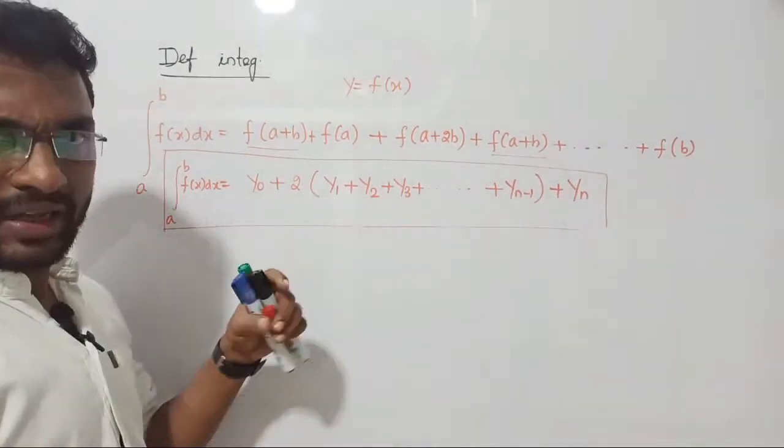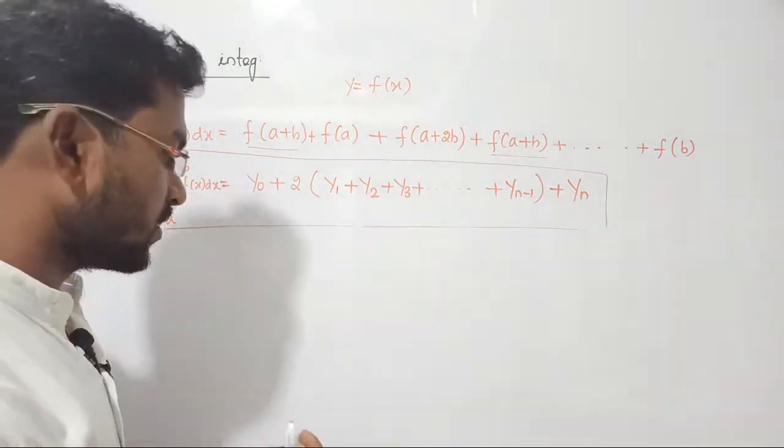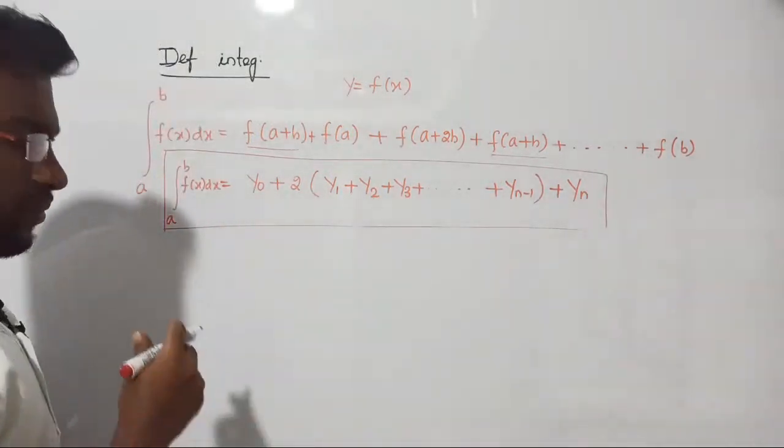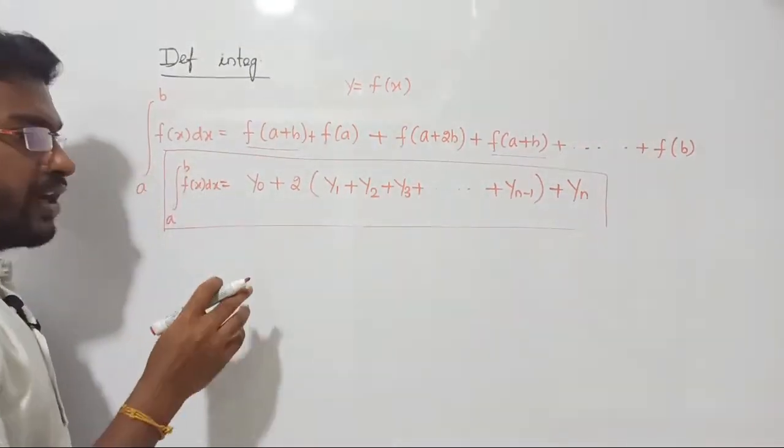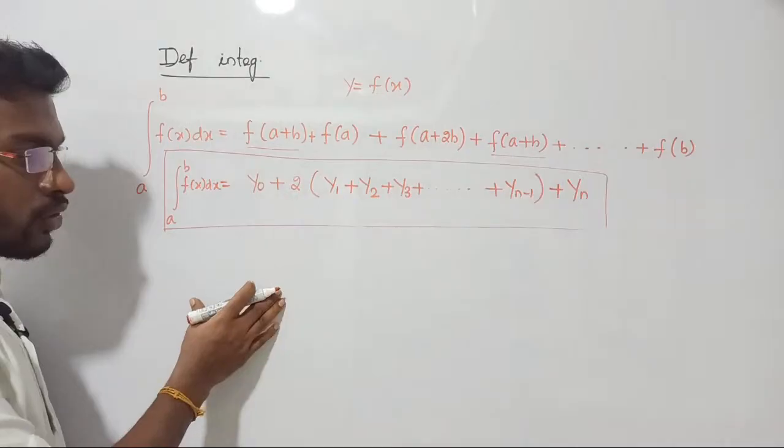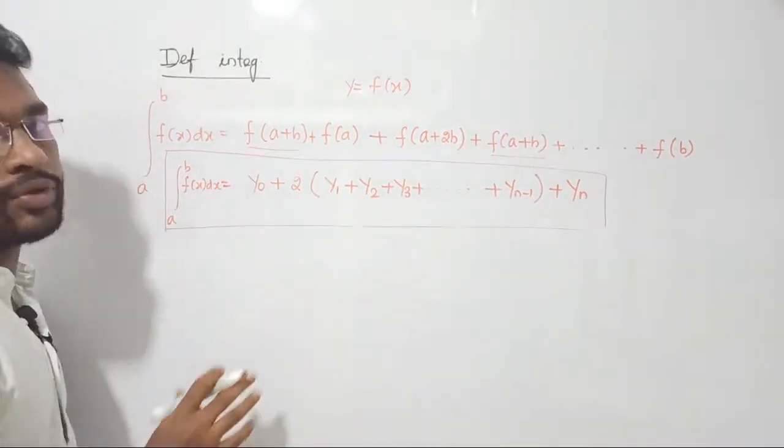Because you'll be tested on some theoretical questions, right? Okay. And the second thing: we are just looking at the trapezoidal rule, and next we are going to discuss Simpson's rule, right?